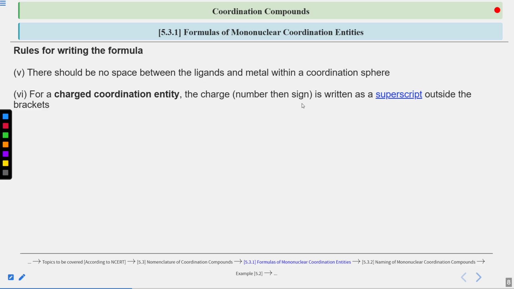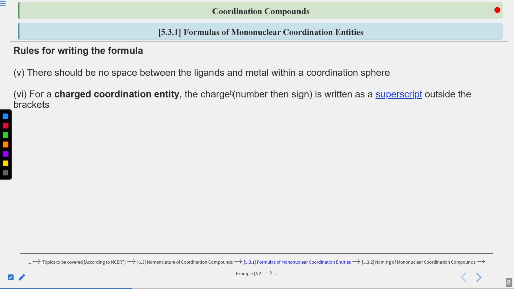Basically, number then sign means if the charge is, say, 2 positive, you first write the number, the charge magnitude, so 2. Then you write the sign. Or 2 negative. So for the charged coordination entity, the charge written in this manner, number and then sign, is written as a superscript outside the brackets.